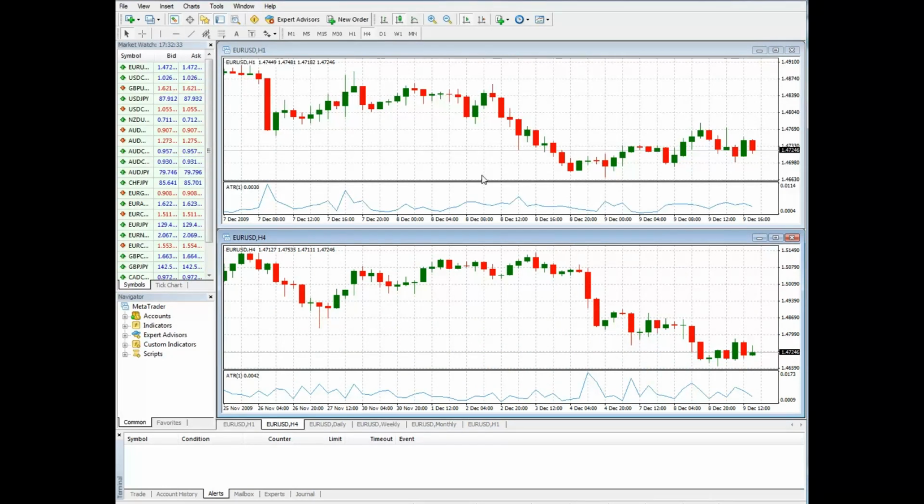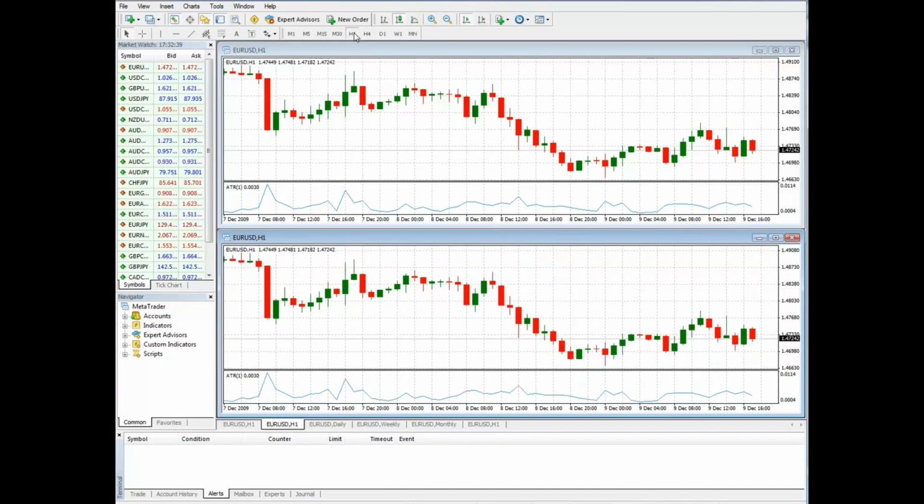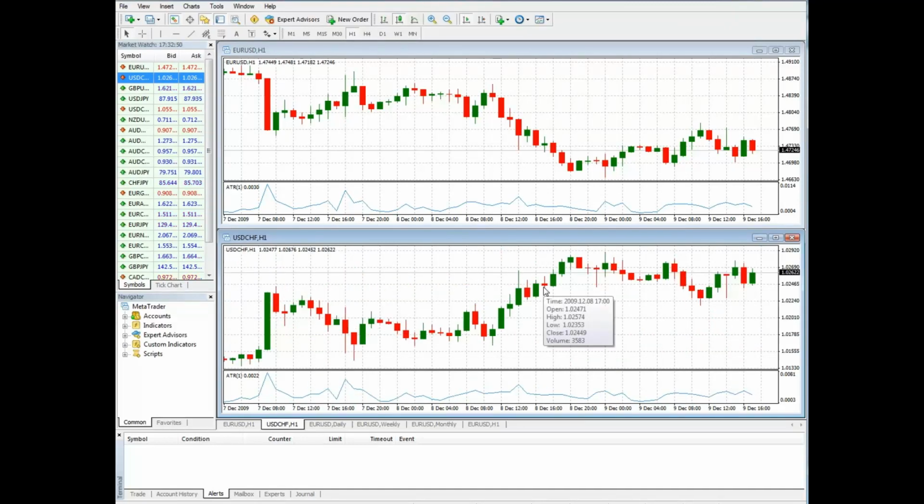Now, the next thing I want you to do is to take this chart here and transform it into a 1 hour. And the very next thing that I want you to do is to take the bottom chart and transform it into a US dollar Swiss franc chart.